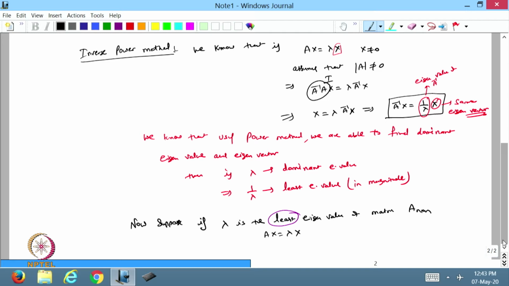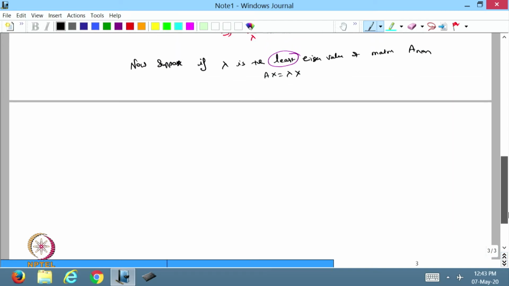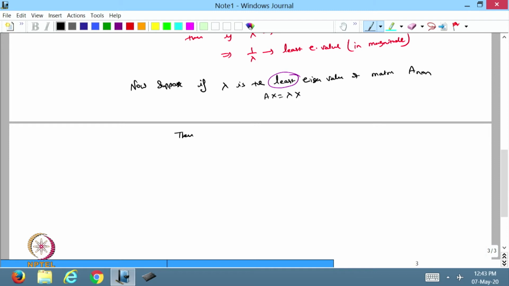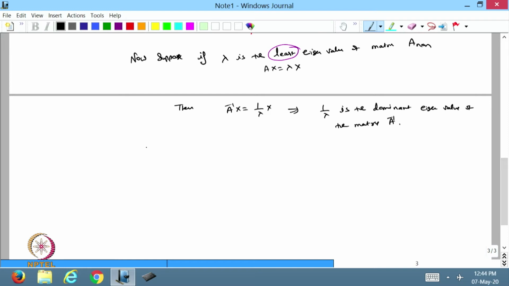Of course, everything is in terms of magnitude. Then A inverse x will be 1 over lambda x, which implies that 1 over lambda is the dominant eigenvalue of the matrix A inverse.